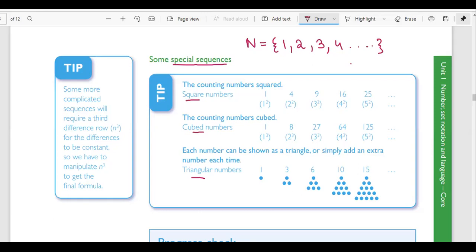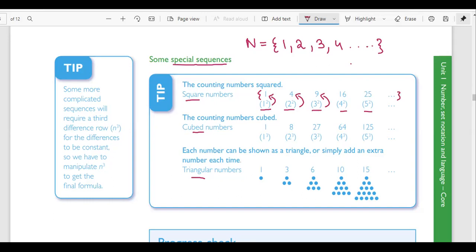When we talk about the sequence of square numbers, we square our natural numbers: 1 square, 2 square, 3 square, 4 square, 5 square, and whatever we get as a result. 1 square is 1, 2 square is 4, 3 square is 9. This new sequence is the sequence of square numbers. Is this clear?